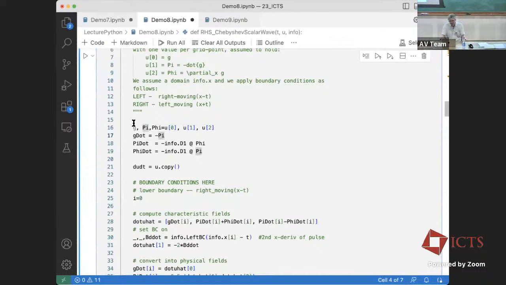And I found this a little bit unpleasant seeing the gray G here, so I removed it. Here we evaluate the time derivatives in the volume. These are the usual scalar wave equations. You've seen those as well in the Fourier case yesterday. And in the Fourier case, we would put them into du dt, and we would be done.